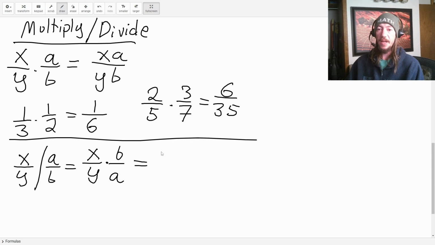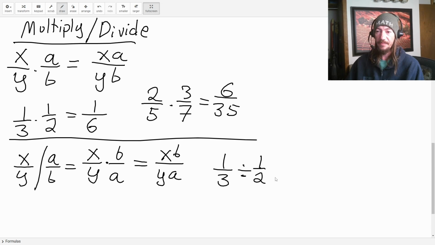And now we just multiply as normal, x times b over y times a. So for example, if we have 1/3 divided by 1/2, well, that's just 1/3 times flip 1/2, 2 over 1, which is now 2/3.